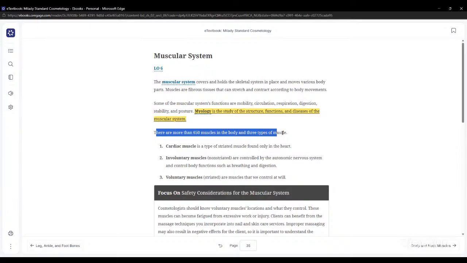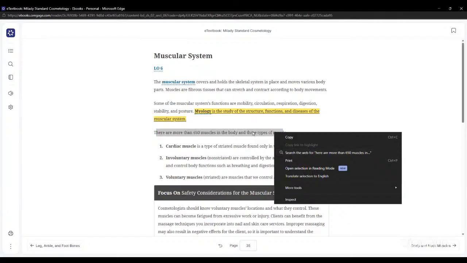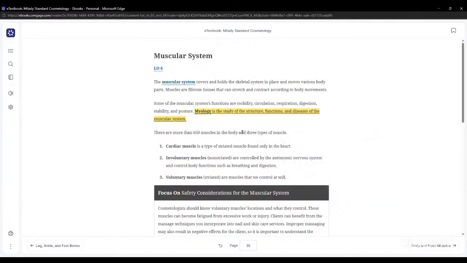Anytime you see a number, go ahead and highlight those numbers, because you're going to see that number again. It's more than 650 muscles in the body and 3 types of muscles. Let's look at these 3 types of muscles, which are very, very important. We just have to keep this in mind.